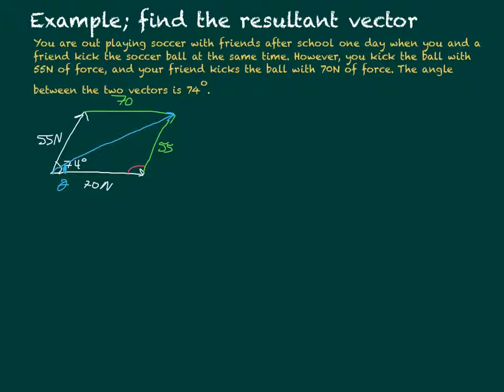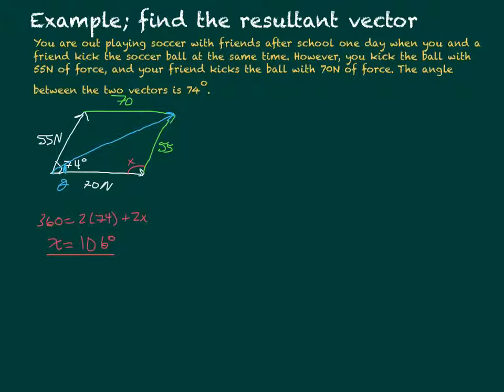So that's going to be 360 equals 2 times 74 plus 2x, if I call that x right there. So you can do the math to figure out that x equals 106 degrees.